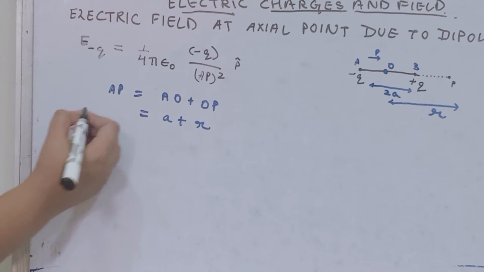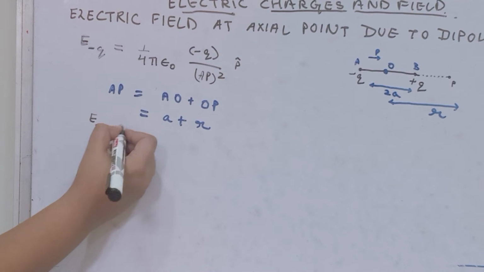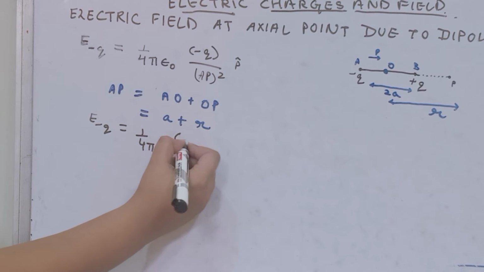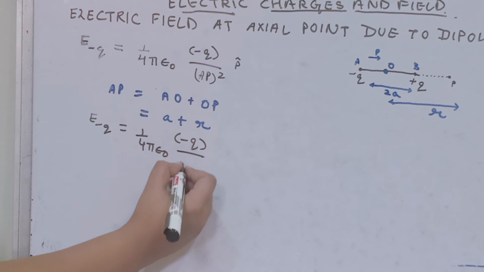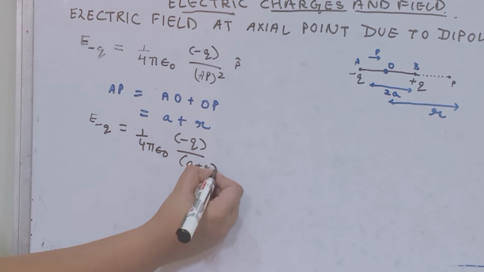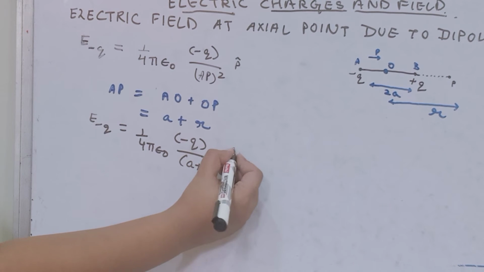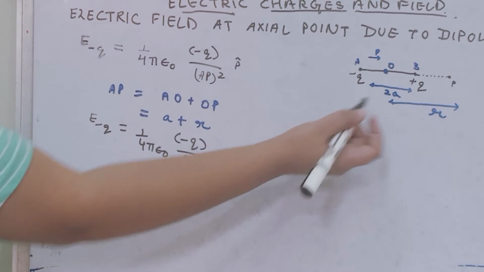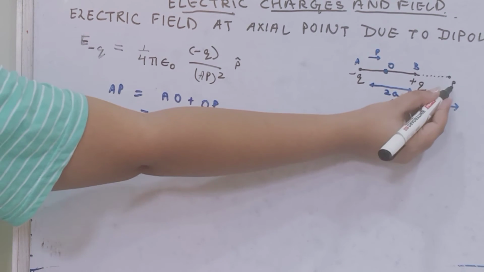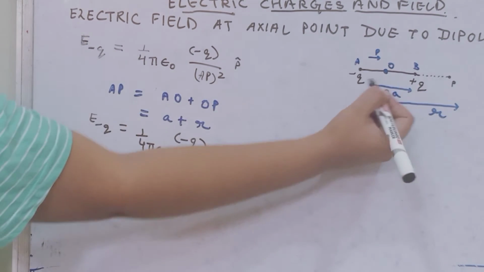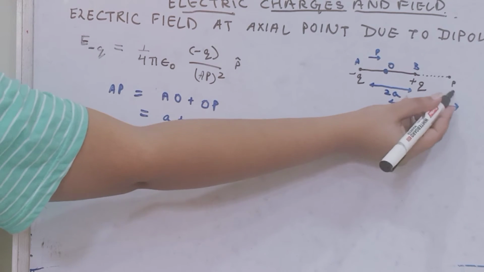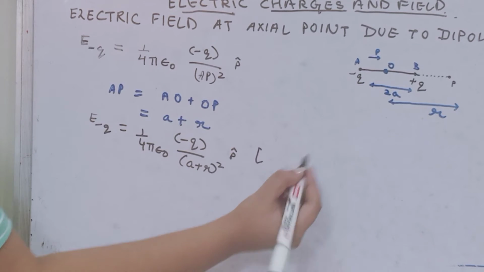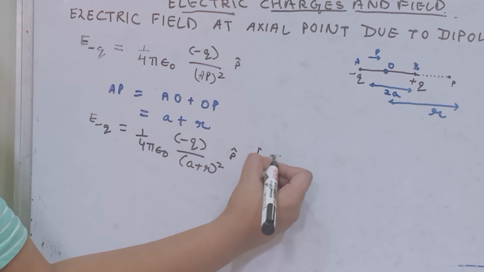So the electric field due to minus q charge will be equal to 1 upon 4 pi epsilon naught minus q upon a plus r whole square into p cap, and what will be the direction? The direction will be towards left, because here we suppose a positive test charge, so they will undergo attraction, so this test charge will get attracted towards the minus q charge and hence the direction will be towards left.